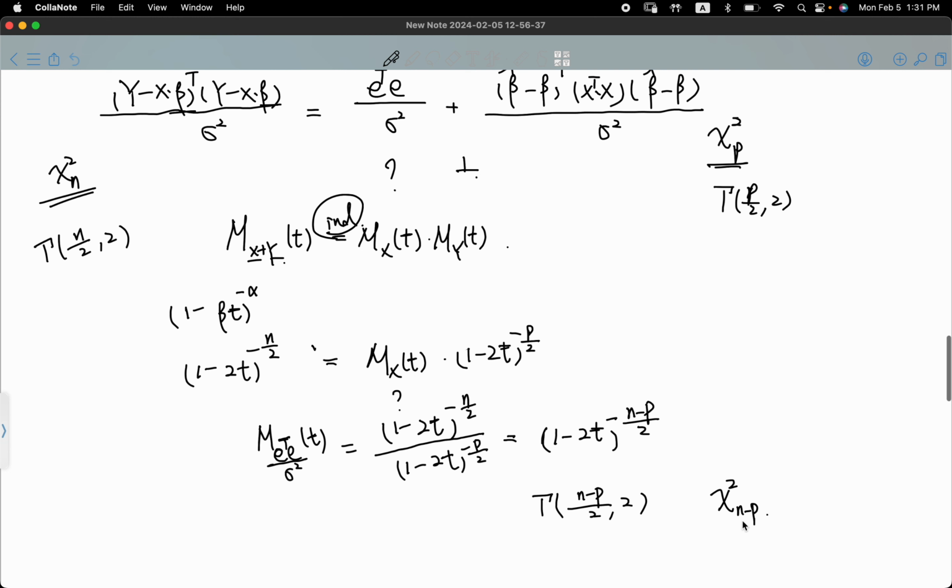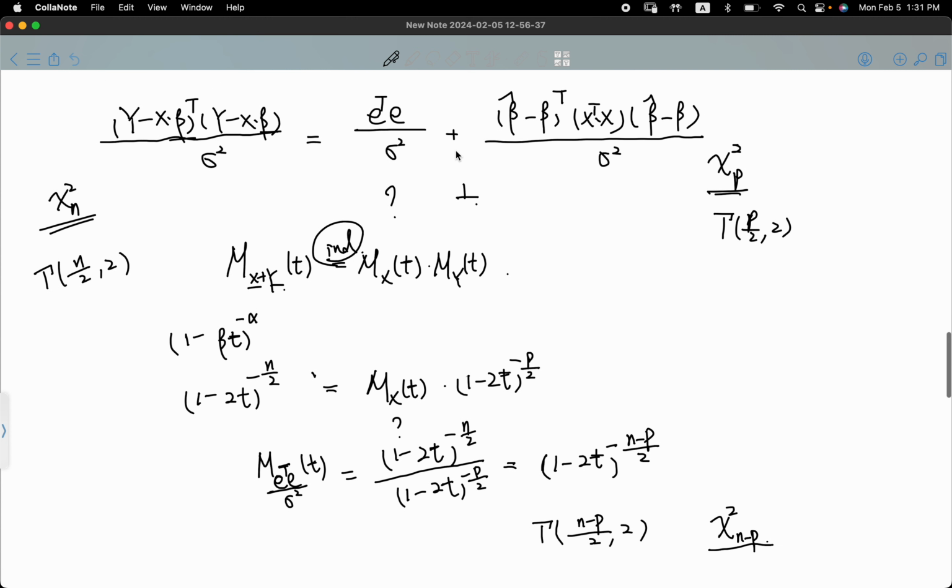And we have our final conclusion that this thing follows a chi-square distribution with degree of freedom n minus p, based on the uniqueness theorem of the moment-generating function.